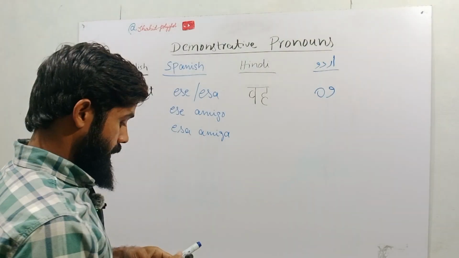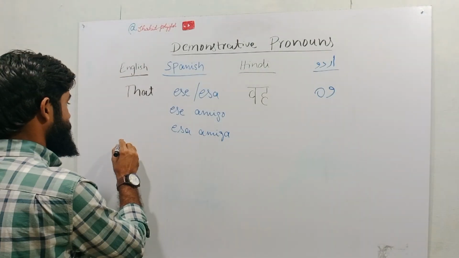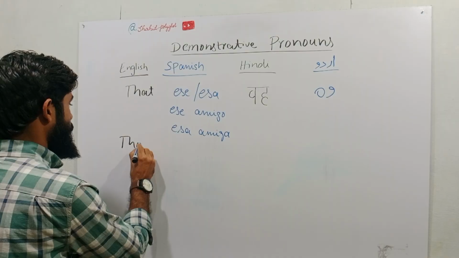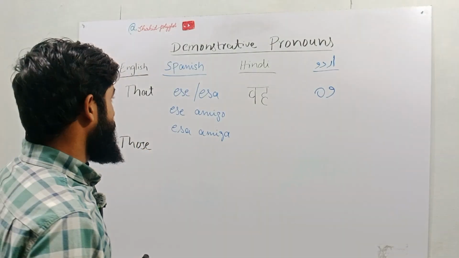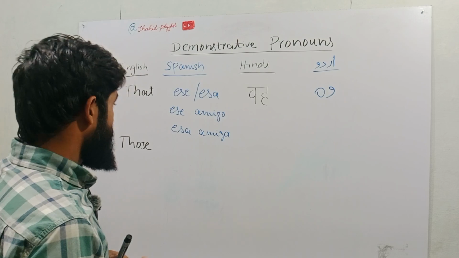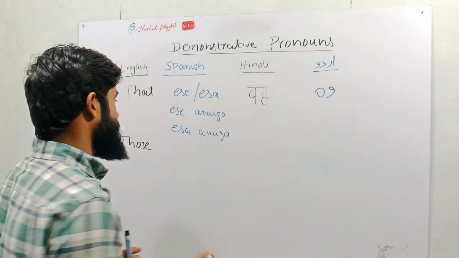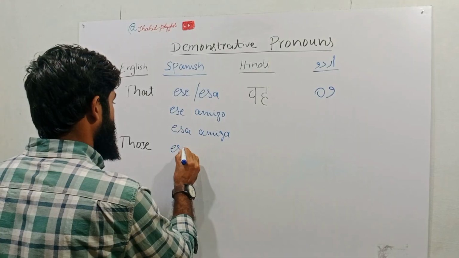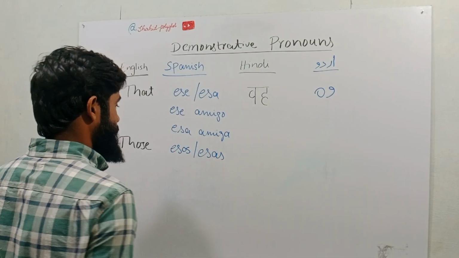And now the next pronoun is those, which is the plural form of that. And for this in Spanish we use esos or esas.